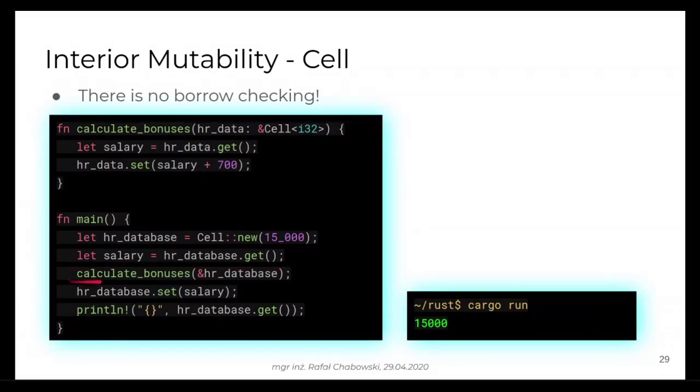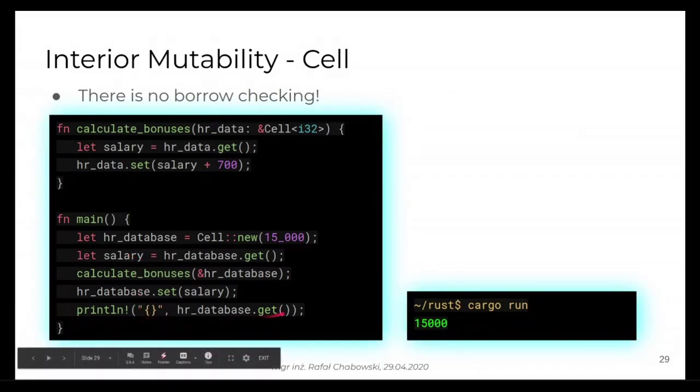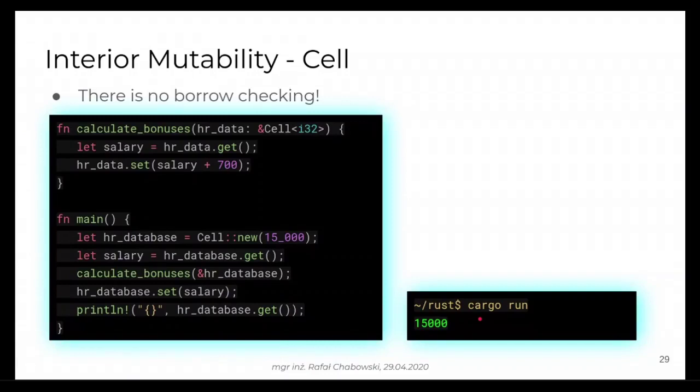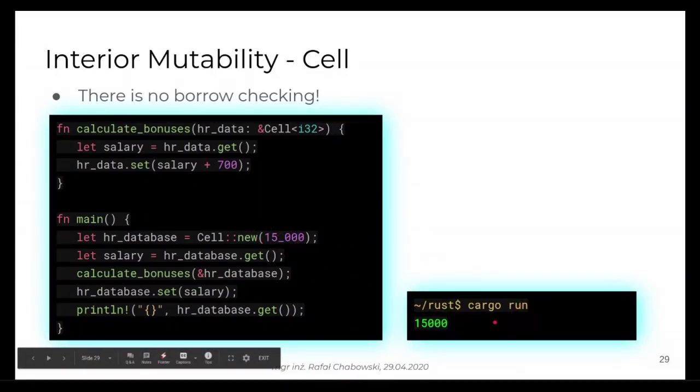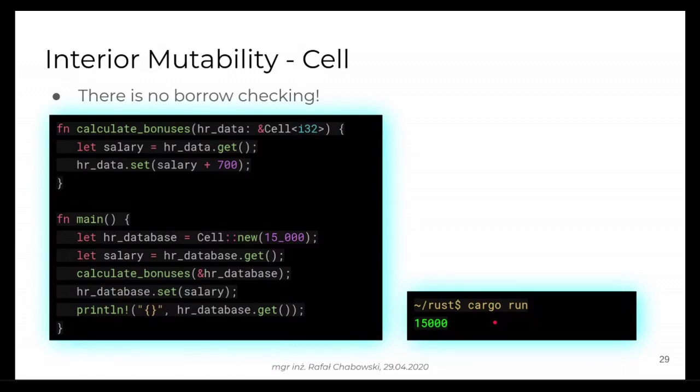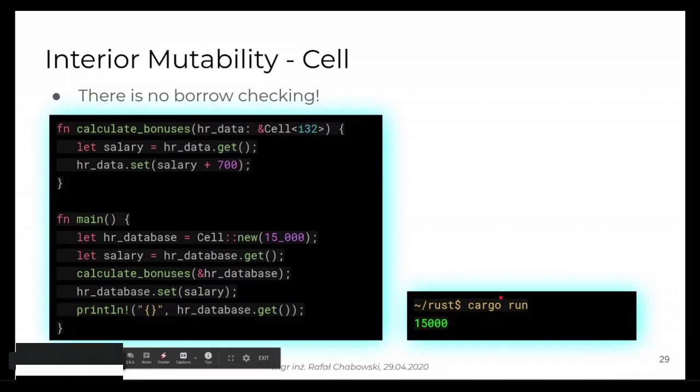Then we calculate bonuses, passing the reference to the HR database. Here the salary is modified, but then, probably not intentionally, we are setting again the previous value. And if you try to print the salary, you get the value without any bonus. You feel safe and sound when writing Rust. Then you put one line too much and boom, the trouble starts.